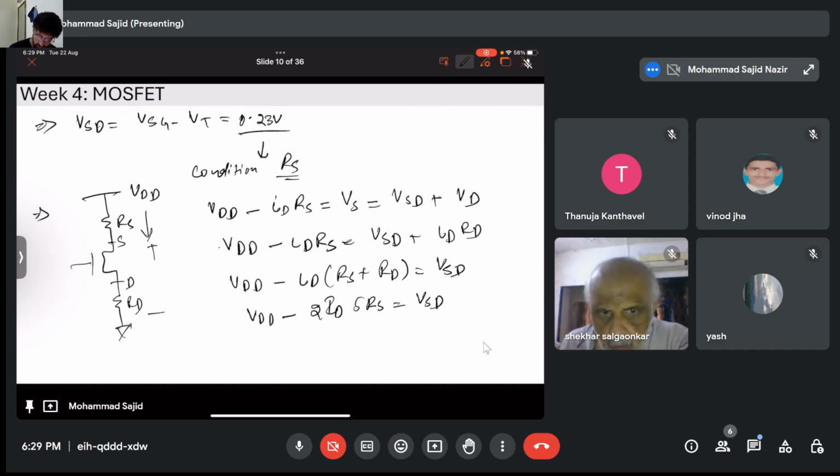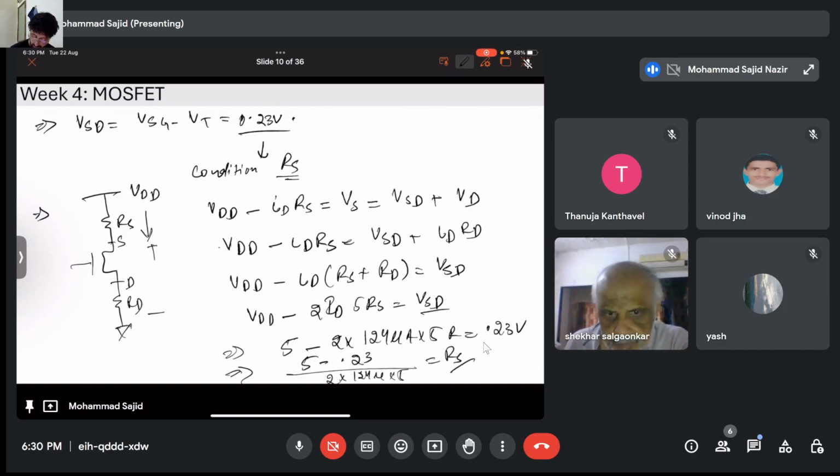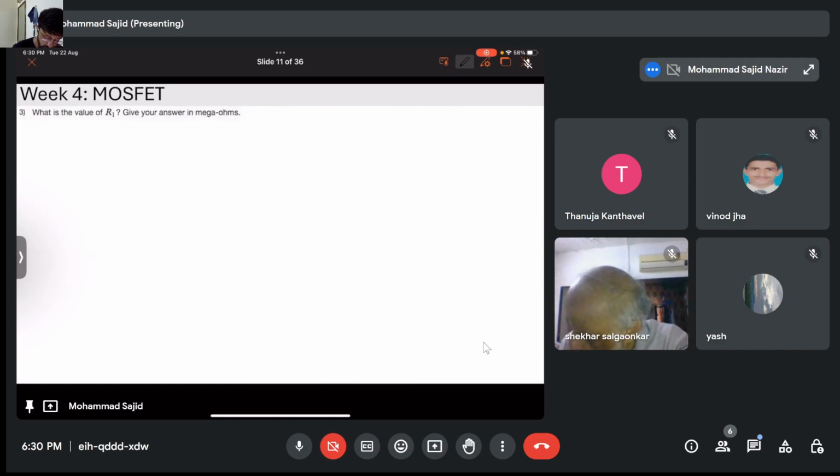Okay, so VDD is 5, ID is 124 microampere, this is RS, and VSD we calculated should be at this point 0.23 volt. So this will be the answer for RS, divided by 2 into 124 micro into 5. And this is the condition for RS such that no matter what quiescent point you select for this MOSFET, because this is the maximum condition for the current that will be flowing through the device, your device will remain in saturation, right?